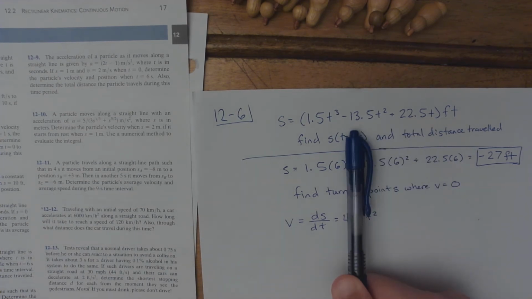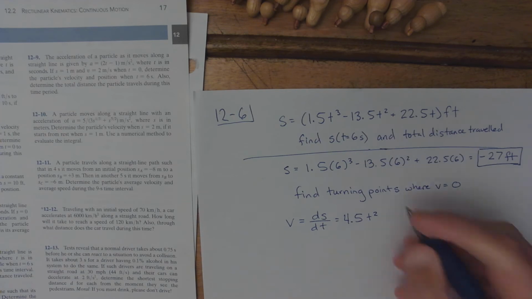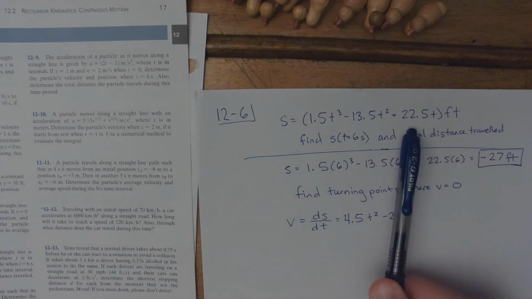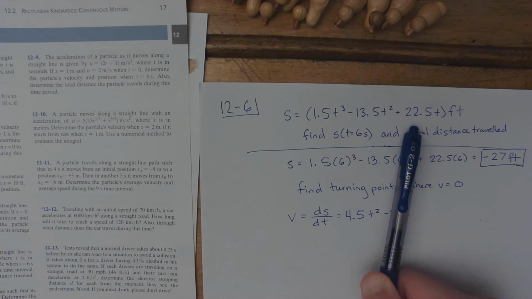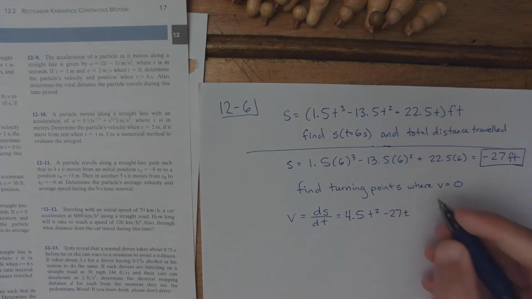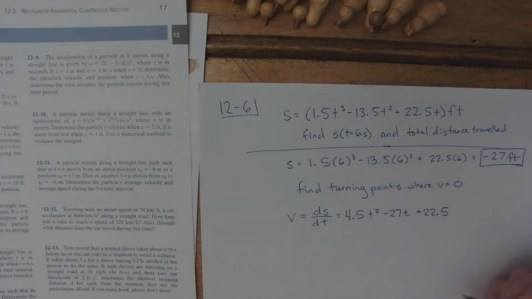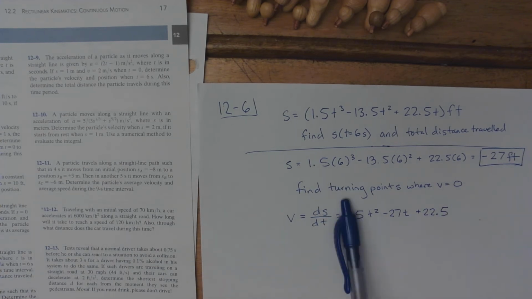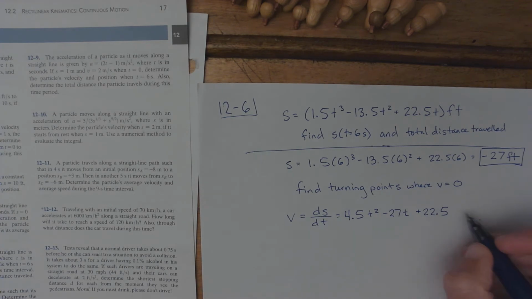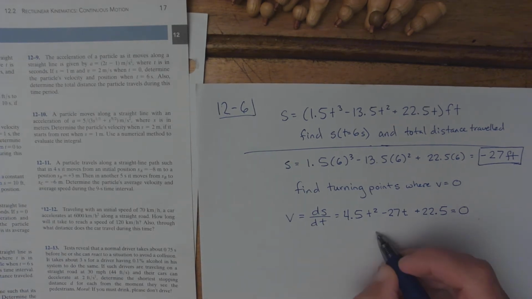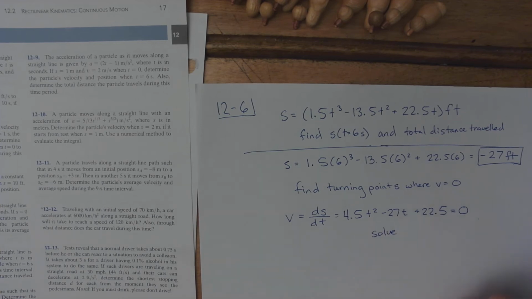Then I have minus 13.5 times t squared. Taking the derivative of that gives me negative 27 times t. And then when I take the derivative of 22.5 times t, I get 22.5. Now I want to find when the velocity is equal to 0. So I take this and I set it equal to 0. And then we're going to solve.